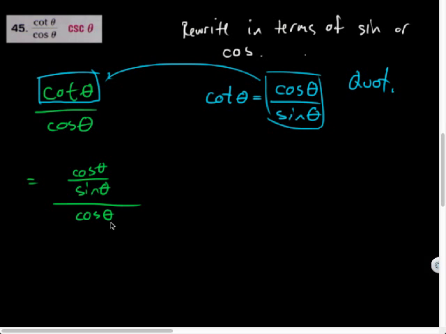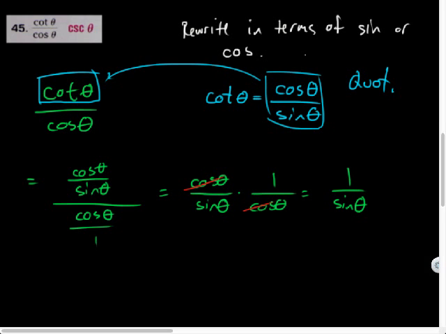Dividing a fraction by cosine theta, I could view that as cosine theta over 1 and multiply by its reciprocal. So what's the reciprocal of cosine theta over 1? 1 over cosine theta. And what cancels out here? Cosine theta, and I get 1 over sine theta.